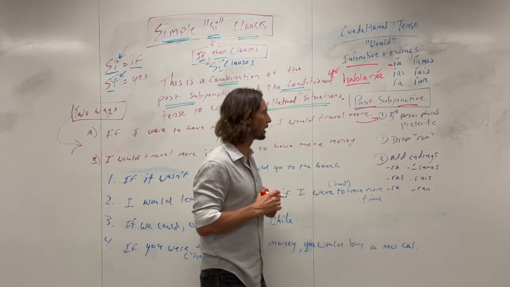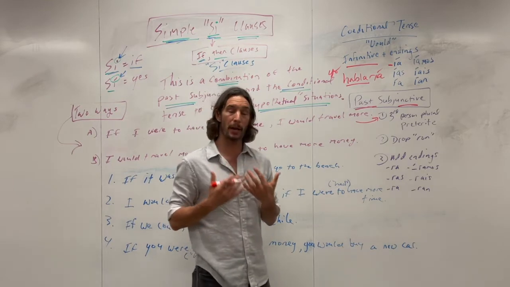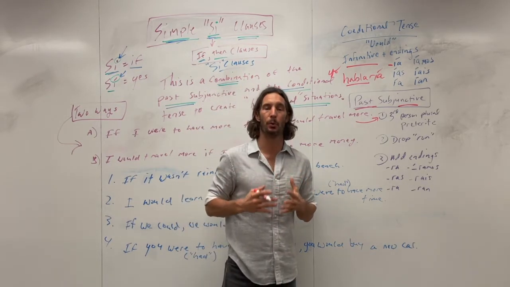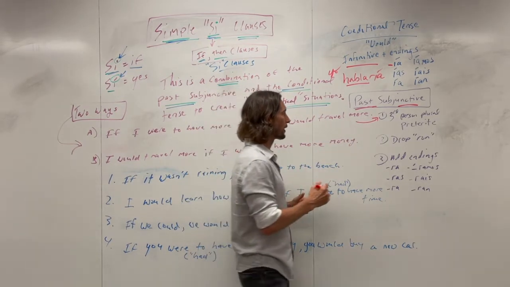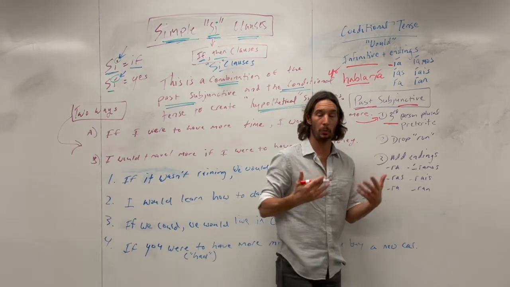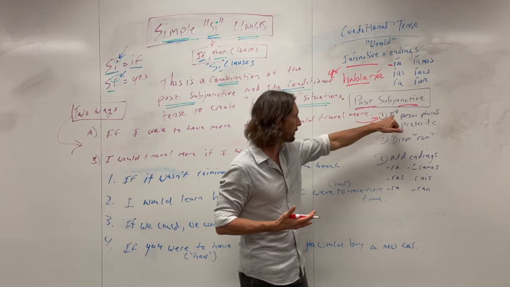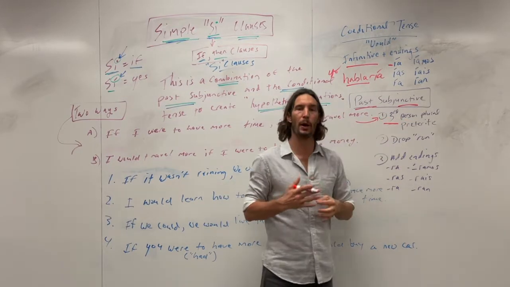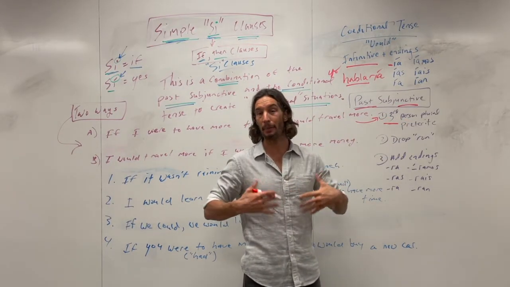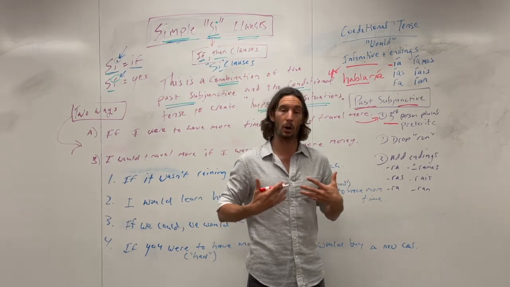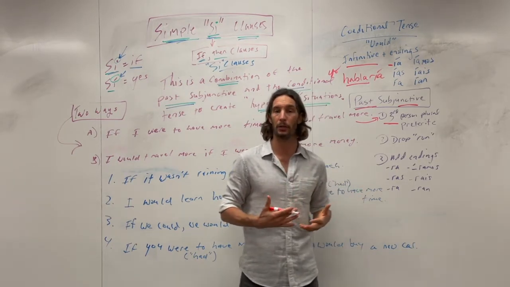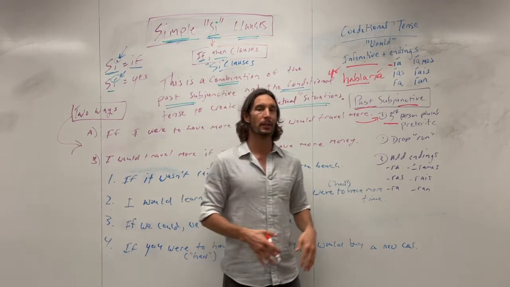For the past subjunctive, the first step, and this is really important, is that you conjugate whatever verb we want in the past subjunctive or imperfect subjunctive in the third person plural preterite. That means you've got to know the preterite, including irregulars and stem changers.